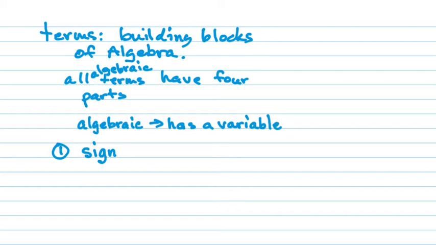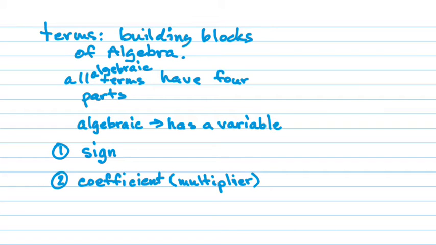Okay? The second part of every term is something called the coefficient. Now I'm going to go ahead and write out these words, and then we'll look at an example of what a term looks like and practice pulling these up. Coefficient, now we've used that word before when we talked about brackets. It simply means a multiplier.